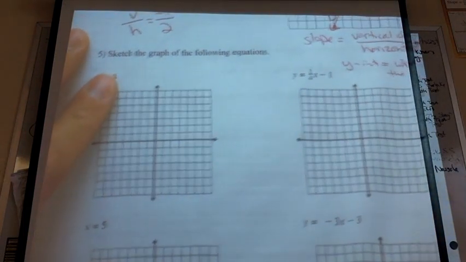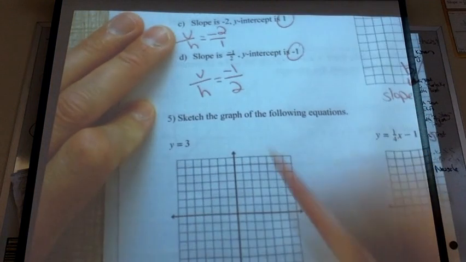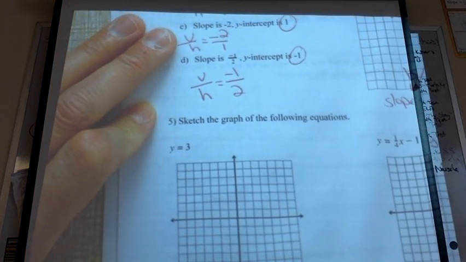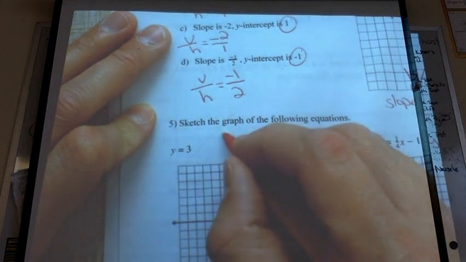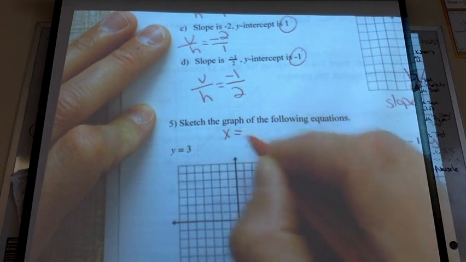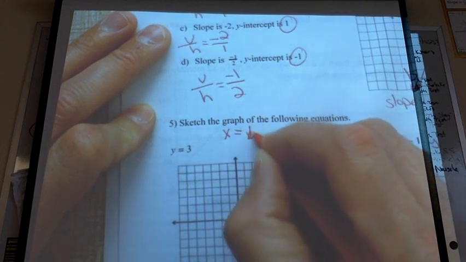And what we need to know on these types of problems, we have 3 different types that we can have. Whenever we have x equals, the line is vertical, up and down.